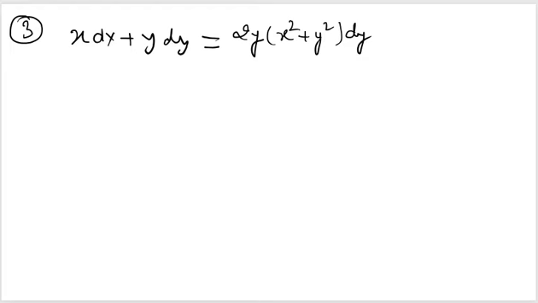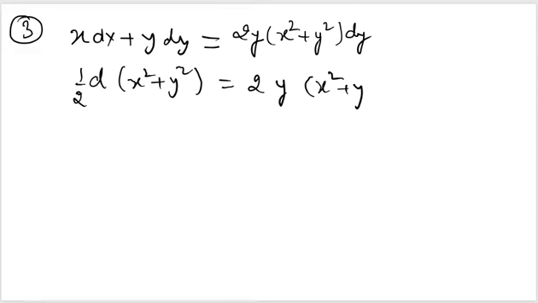When you see x dx plus y dy, what can we do? I can write this expression as d of half of x square plus y square, and on this side you can write 2y times x square plus y square d of y. Now let us see some grouping.